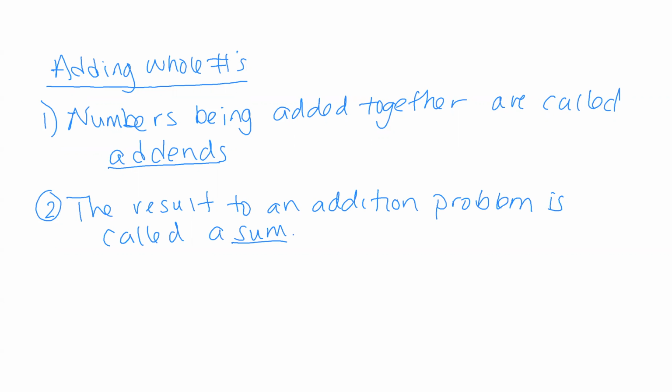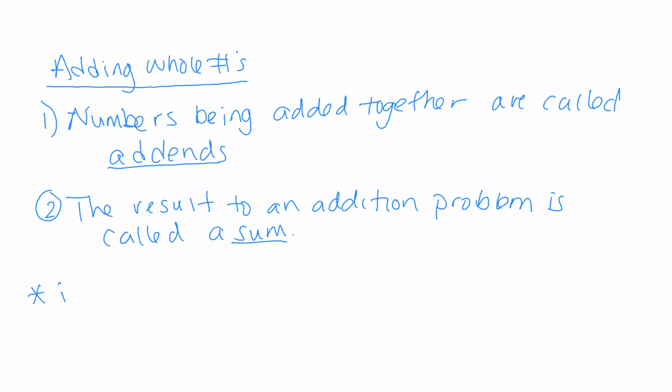All right. And then something else you need to know is just words that would indicate addition. Okay. I cannot possibly come up with a list of all words or phrases that would indicate addition, but you do need to start becoming at least a little bit familiar with what words in the English language would tell you that you need to add.